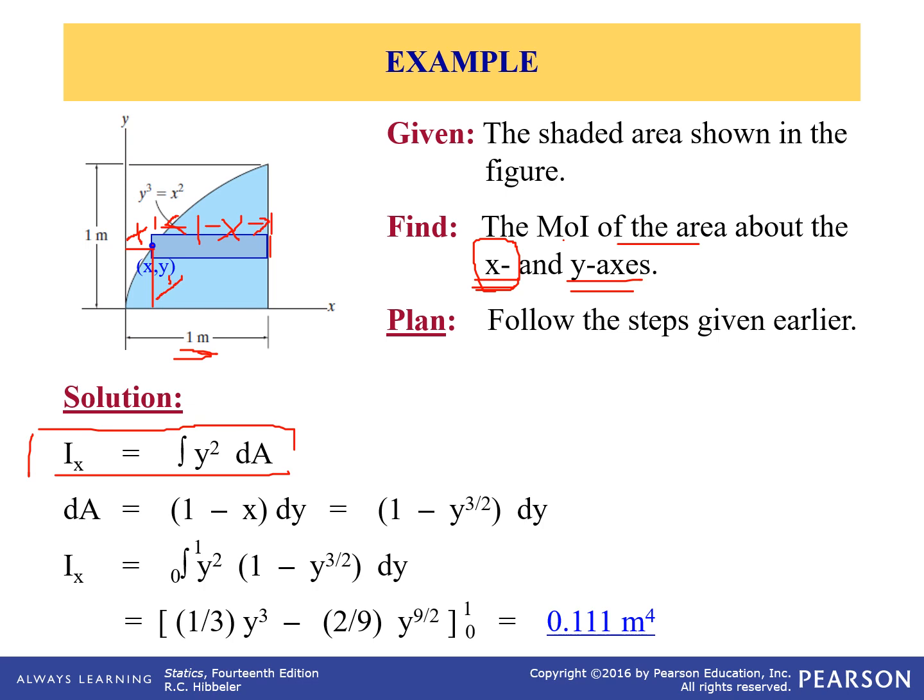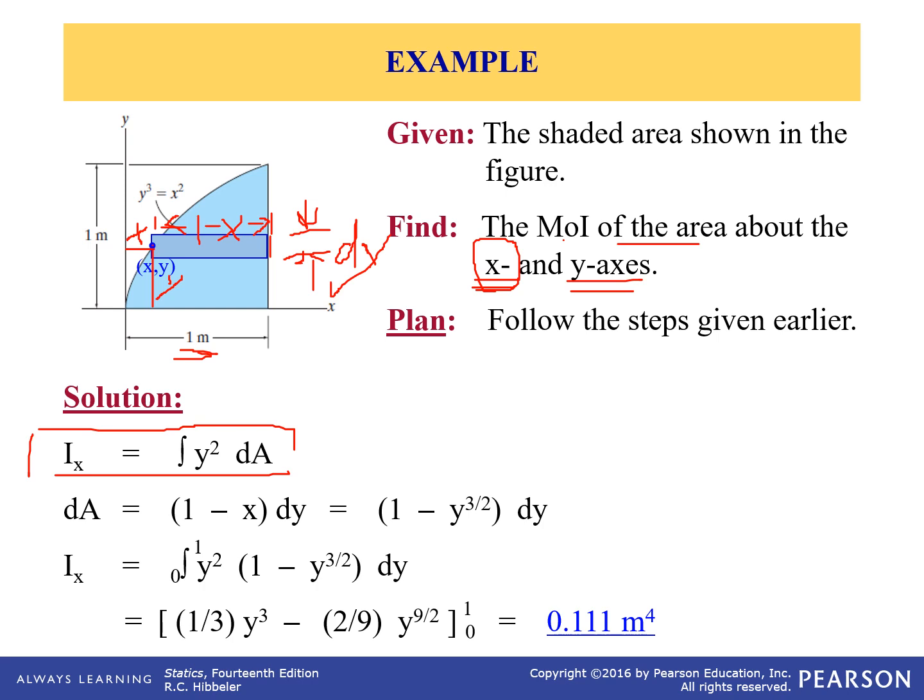And the dimension along the y-axis, because we choose the differential strip along the y-axis, is dy. The differential element has a height of dy and a width of 1 minus x.